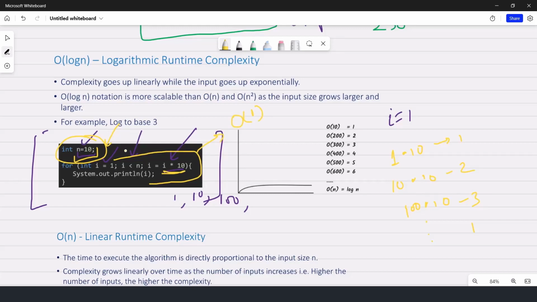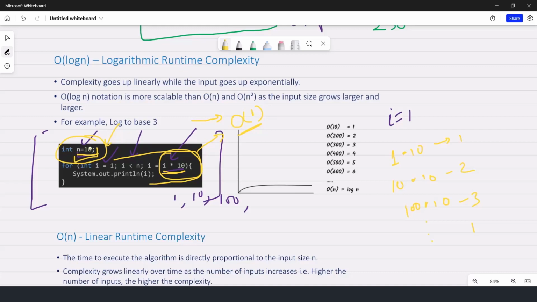I said when I was teaching you that for this fixed n the complexity is O of n, but still it is incrementing by i into 10, so it will give O of 1.